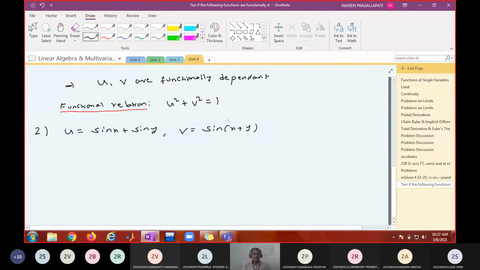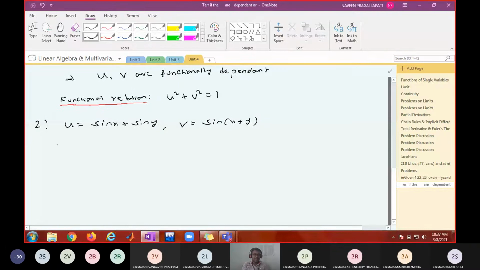Check whether u and v are functionally dependent or not. For that, what you have to do? Find the Jacobian. Dou of u comma v by dou of x comma y. What is that formula? Please respond. Dou u by dou x, dou u by dou y, dou v by dou x, dou v by dou y.